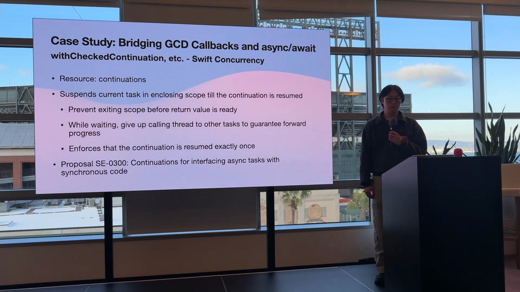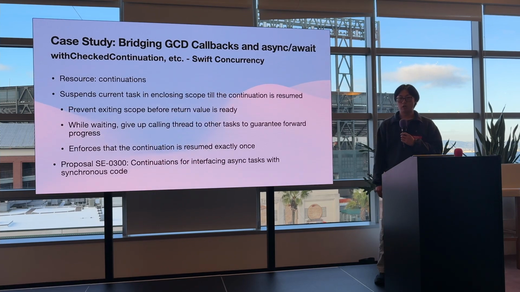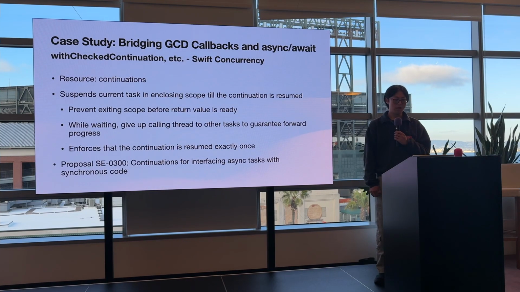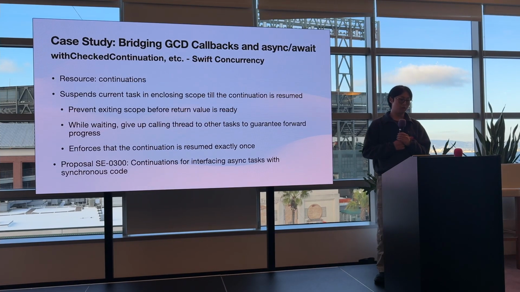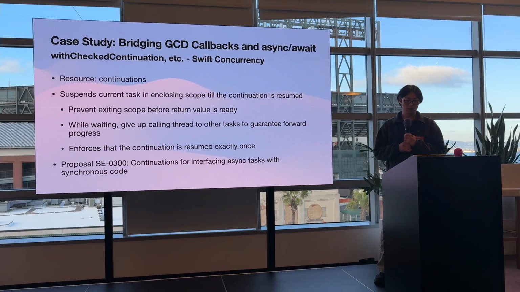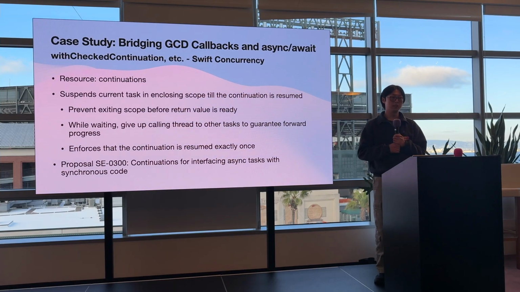This function also has variants like withCheckedThrowingContinuation, withUnsafeContinuation, etc. But this group of functions basically serves as the bridge between GCD callback-based asynchronous code and async/await structured Swift concurrency code. And the resource we're working with here is continuations or program state.